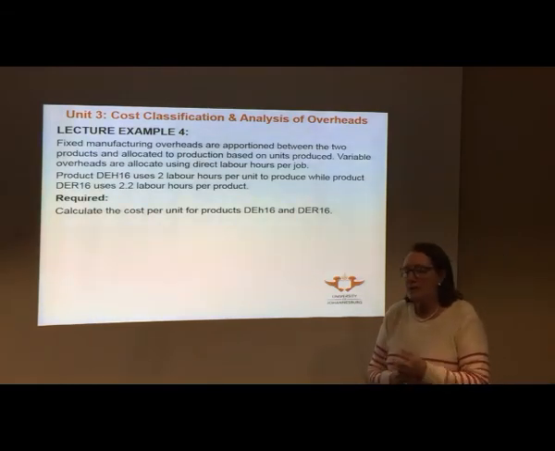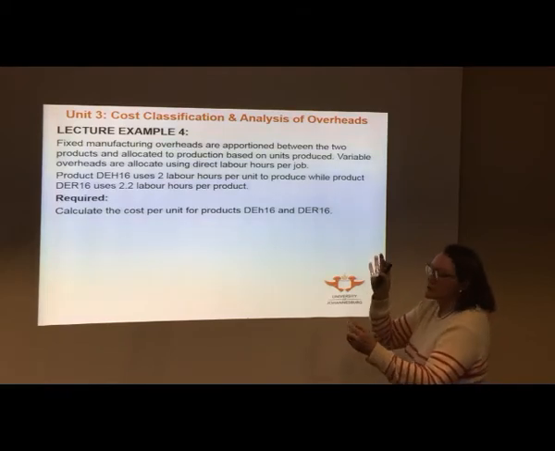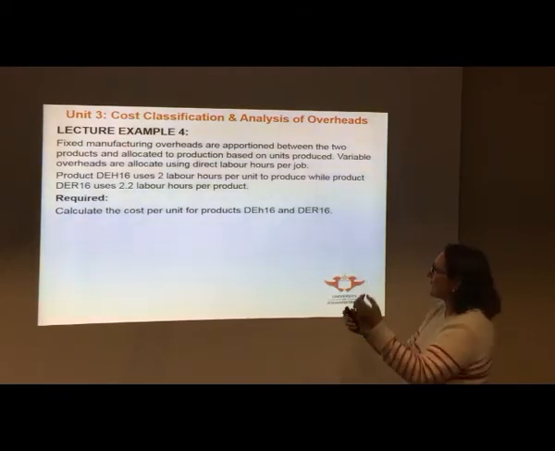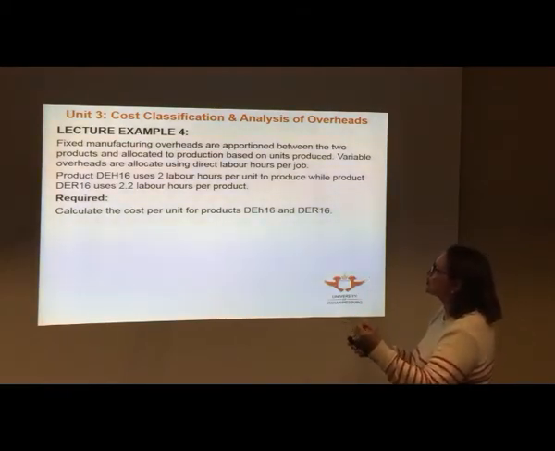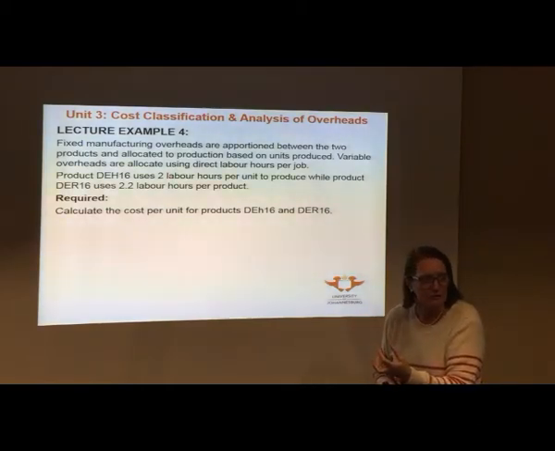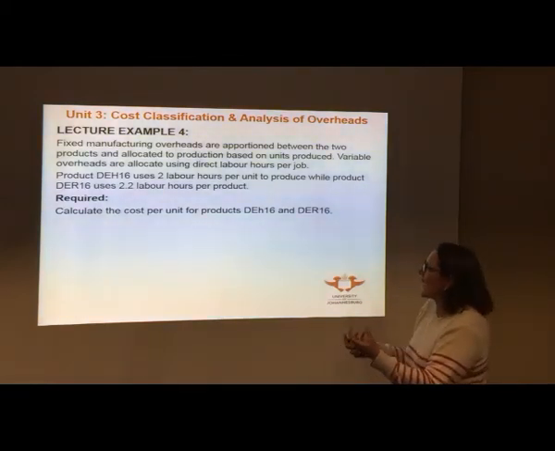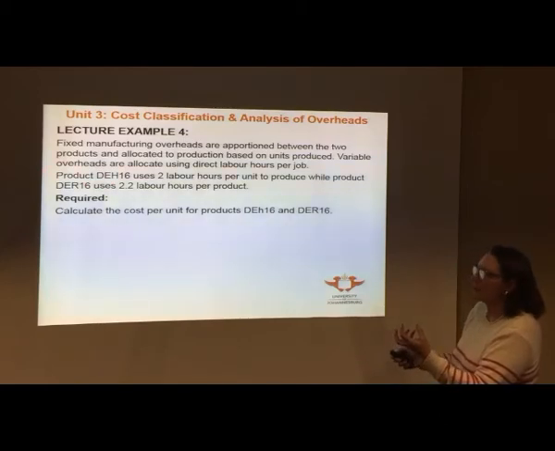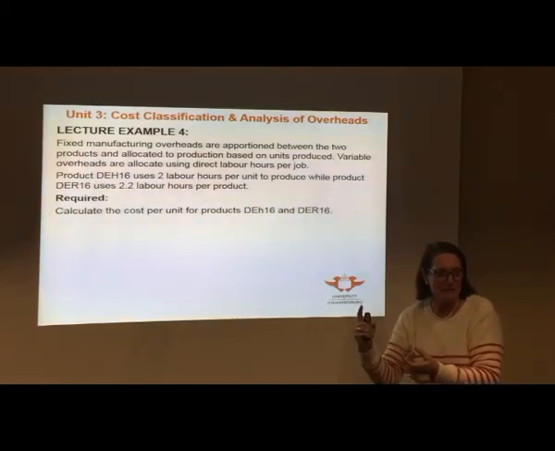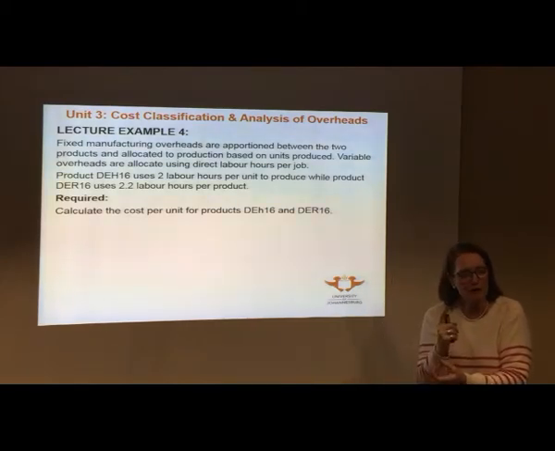So we know that product DEH, we produce 2,000. And each DEH uses 2 labor hours. How many hours is that in total? 4,000 hours. And product DER, we produced 1,000. But every item uses 2.2 labor hours.